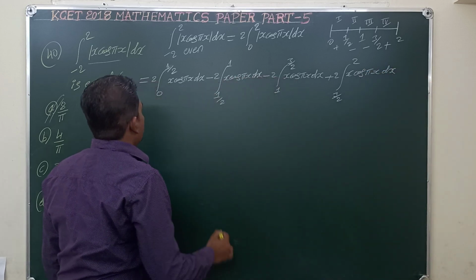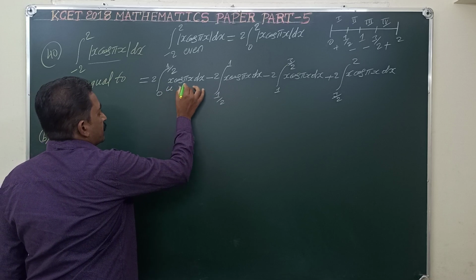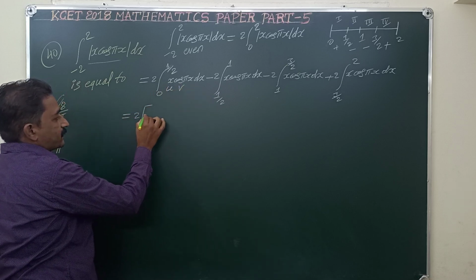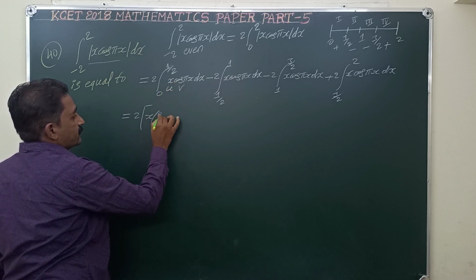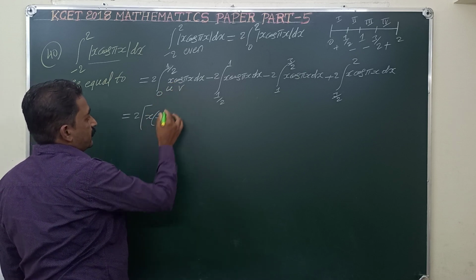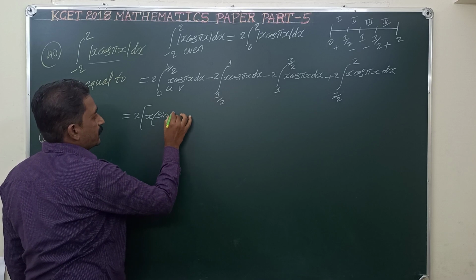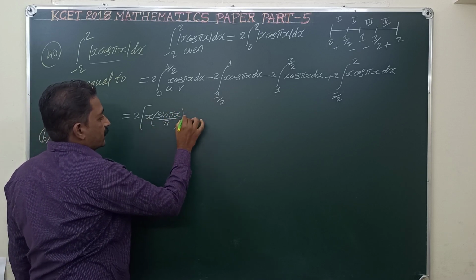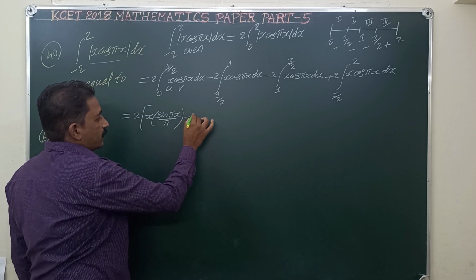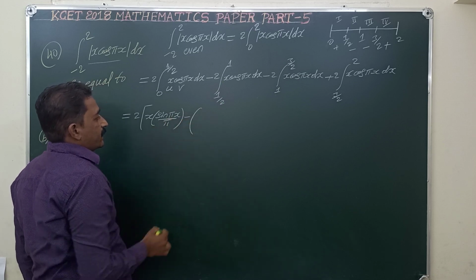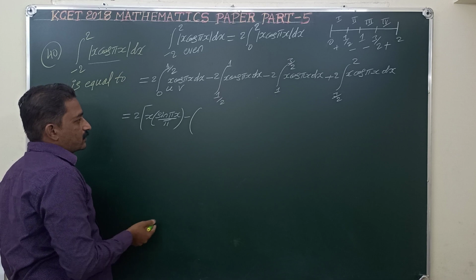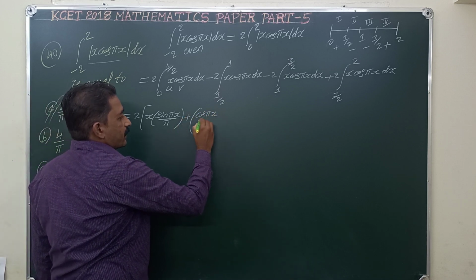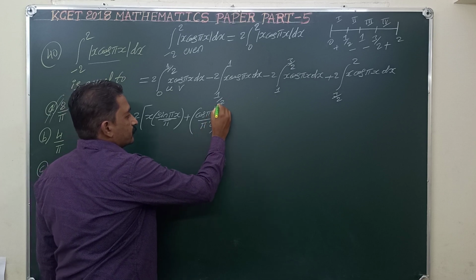Now integrate with respect to x. Apply the UV rule. Here, take the first function as x and the second function as cos pi x. The integration of cos pi x is sin pi x divided by pi. The differentiation of x is 1, and again the integration of sin pi x by pi gives minus cos pi x by pi, so it becomes plus cos pi x divided by pi square.